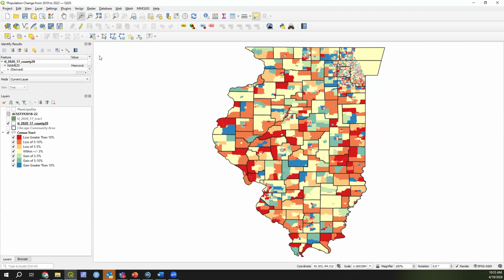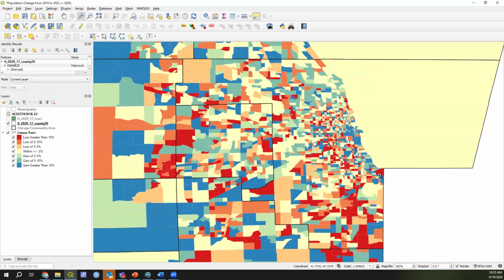And if you zoom in a little bit to look at Cook County, for instance, obviously the census tracts are much smaller because it's more dense.